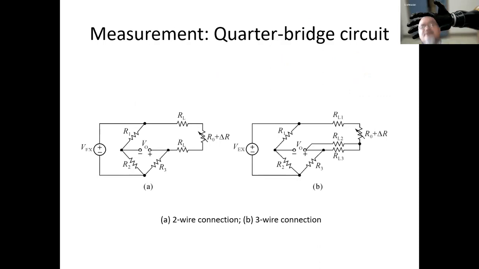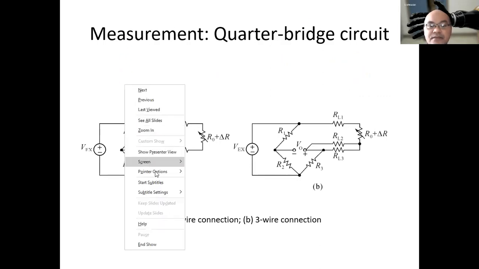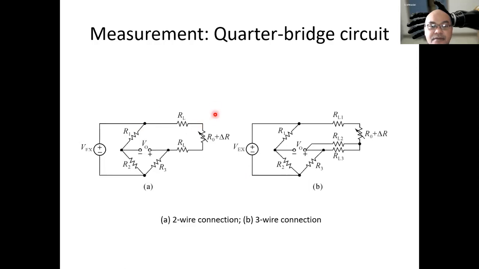The first one is using a 2-wire connection like this. This is basically the Wheatstone bridge configuration. Only at the arm of the bridge where the sensor is connected, we have these additional resistors due to the wires, RL and RL.